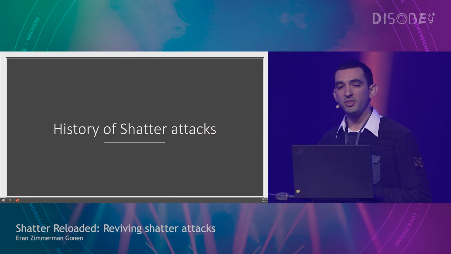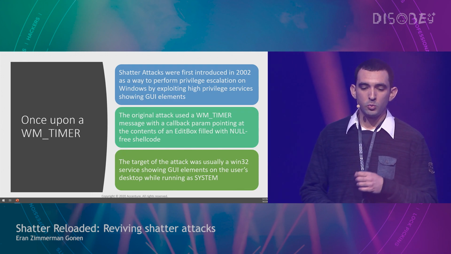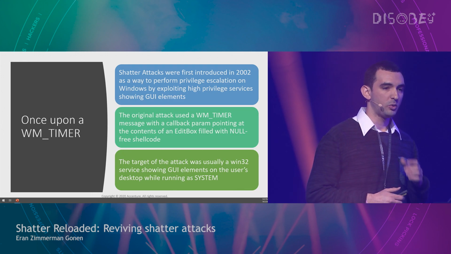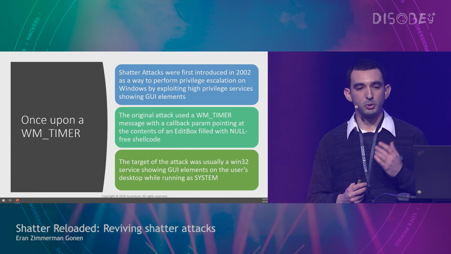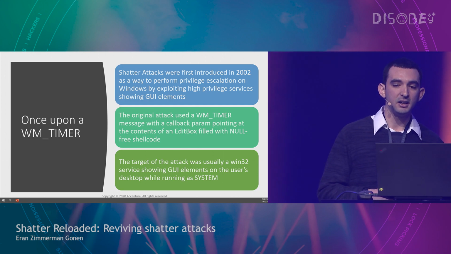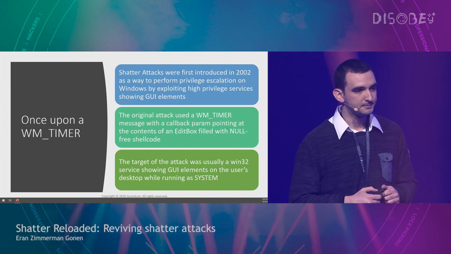So a bit about the history of Shatter attacks, how it all started. It all started one rainy day in 2002, when Chris Paget published an article titled Exploiting Design Flaws in the Win32 API for Privilege Escalation, or Shatter Attacks, How to Break Windows.